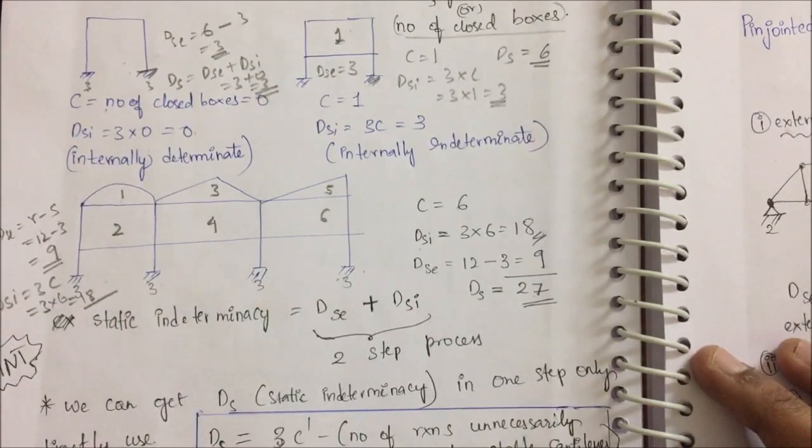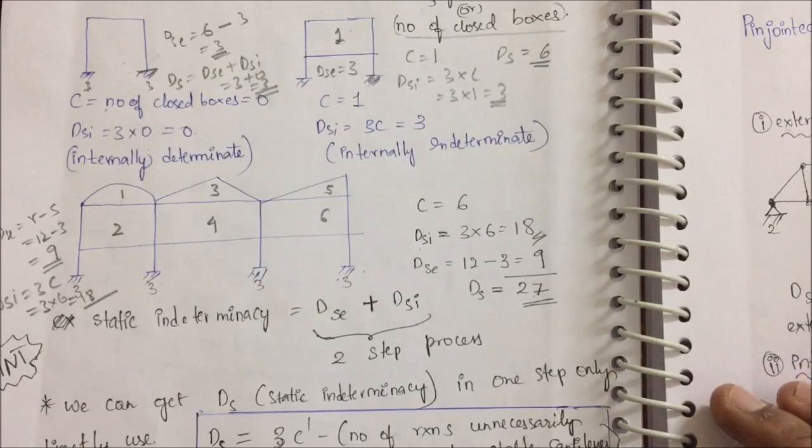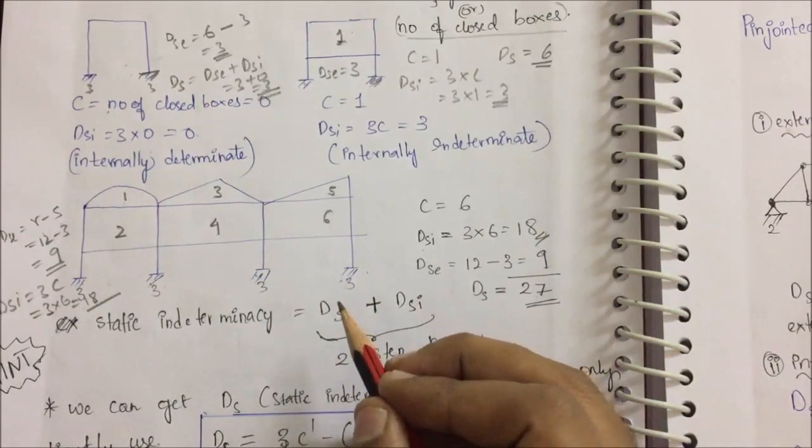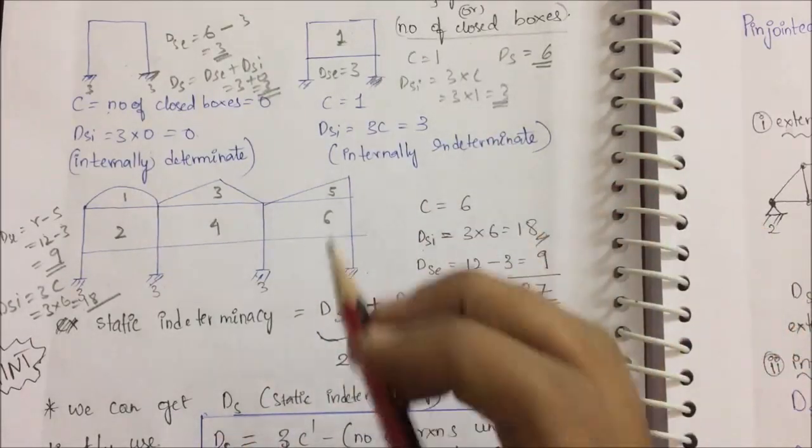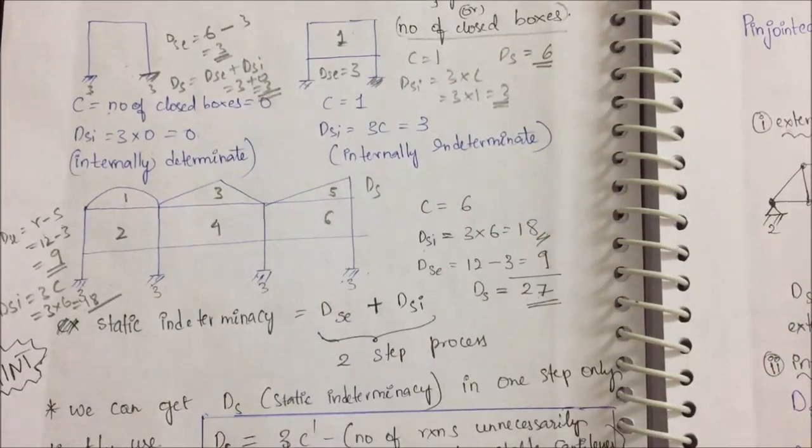Let me tell you a shortcut too. This is a multi-step process. Actually in GATE and ESE, he never asks what is your internal indeterminacy or external indeterminacy. He simply asks what is your DS value, static indeterminacy.